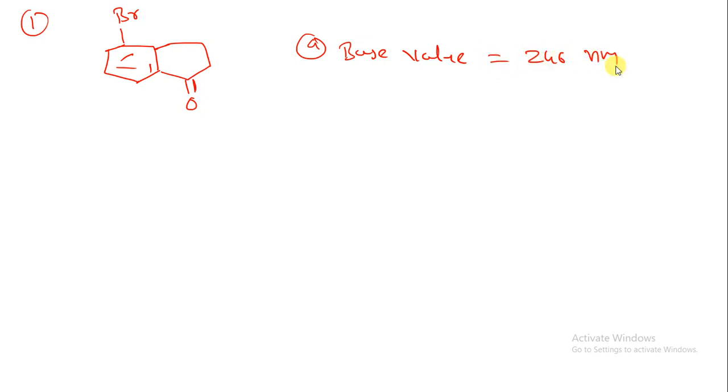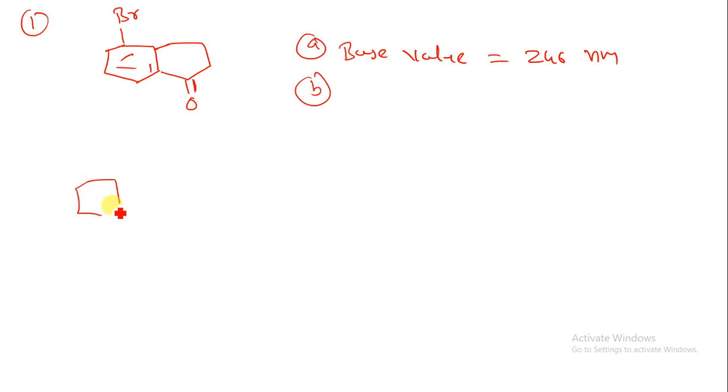You have to remember that in whatever example, type 1, type 2, type 3, your base value should be perfect. There is no plus or minus in that base value. Okay, second one. Now here I can see that there is a Br group, so you have to consider ortho, meta and para.